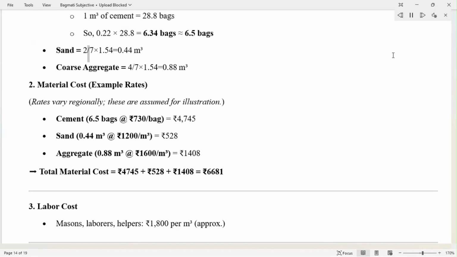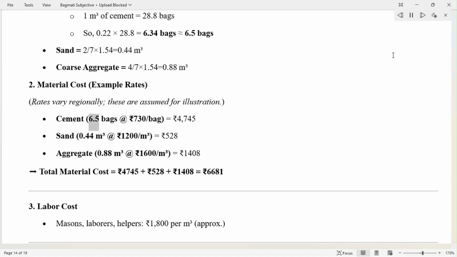Sand equals 2/7 times 1.54 equals 0.44 m³. Coarse aggregate equals 4/7 times 1.54 equals 0.88 m³. 2. Material cost, example rates. Rates vary regionally; these are assumed for illustration.